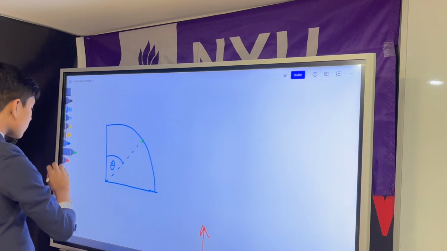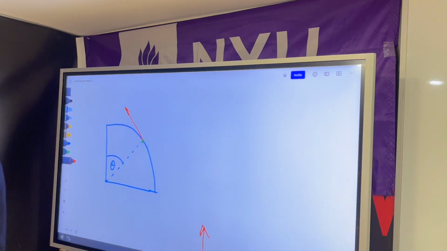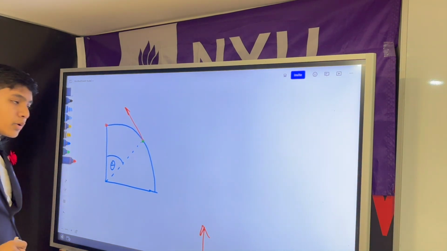So then due north is going to be tangent to the circle this way, right? Given that this is the North Pole.